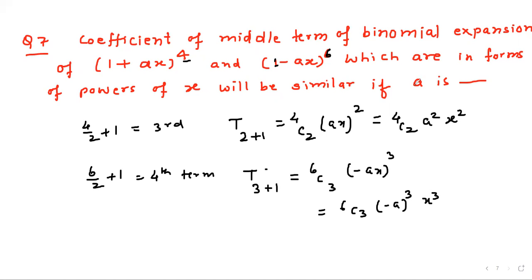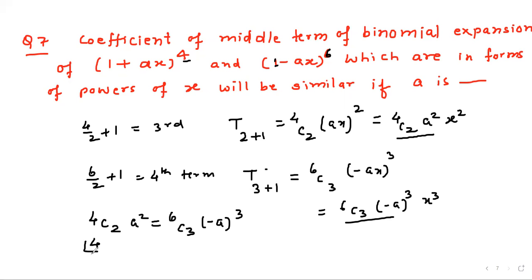Here in our question, it is given that the coefficients are equal, meaning this thing and this thing are equal. So we can say 4C2 a square equal to 6C3 minus a cube. We simplify.